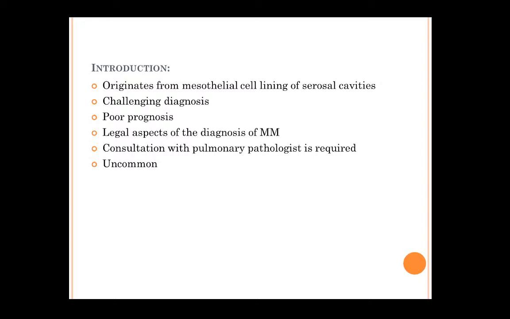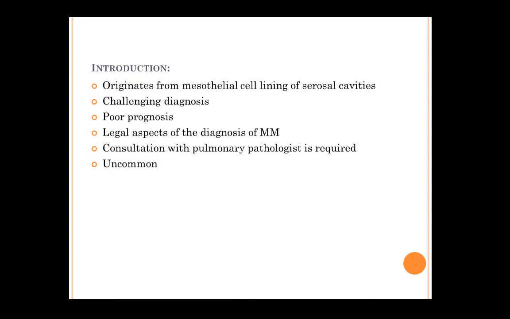Malignant mesothelioma also has multiple histologic patterns that can mimic various kinds of metastatic adenocarcinomas, malignant melanomas, sarcomas, even benign processes. So usually the diagnosis is not very easy, especially since the specimens that we get are small and from needle biopsies.